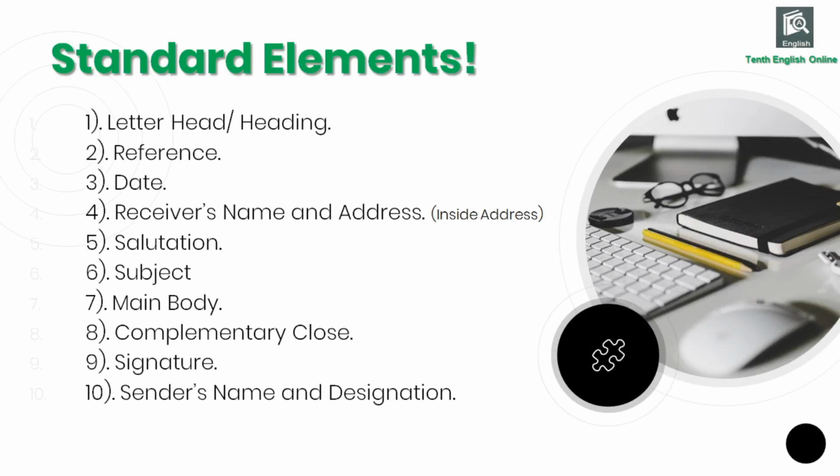Next, reference, and if you are replying to a letter that was published in the newspaper, we can use a reference here, with the date, receiver's name and address, salutation, subject, main body, complimentary close and signature, sender's name, designation. These are the common points or elements we have to include in letter writing.